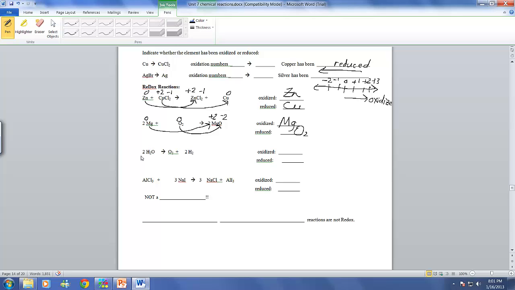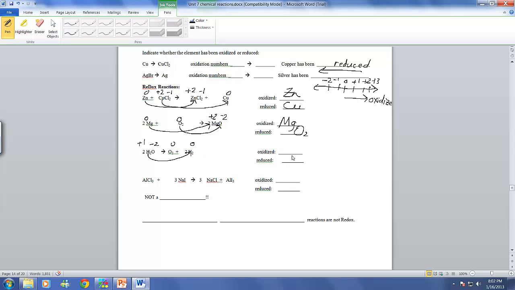Okay, over here, decomposition. Okay, this is a decomposition. In the compound, -2 for oxygen, +1 for hydrogen. But over here, in the elements, they're both zeros. Hydrogen went from a +1 to a 0. So how did it go from a +1 to a 0?